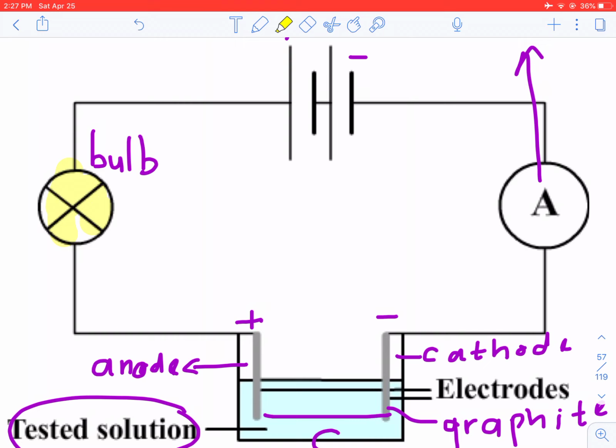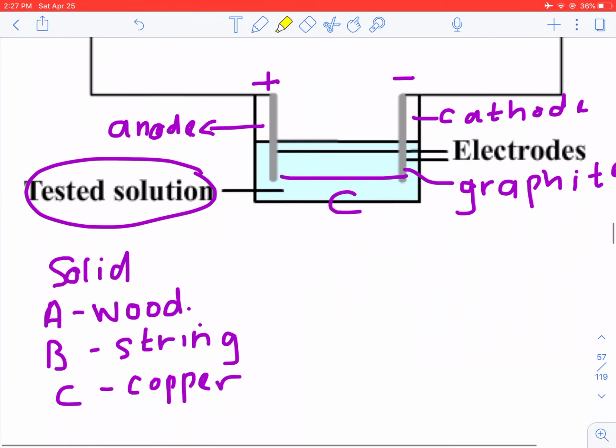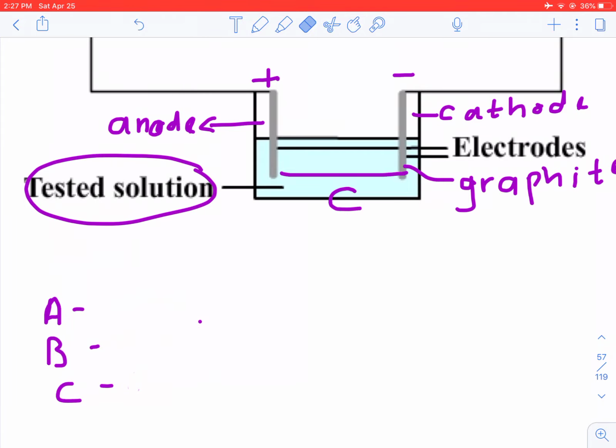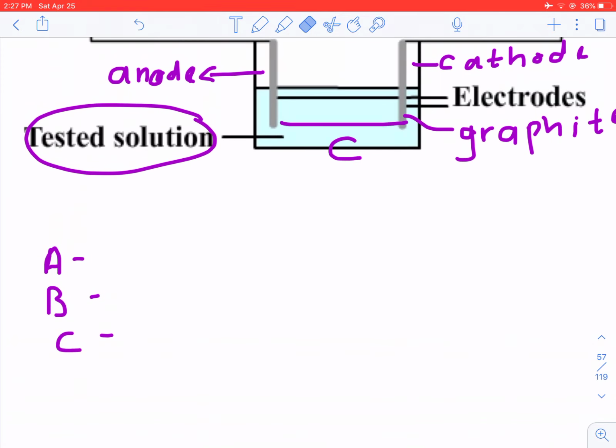So now, instead of looking at solids, let's look at solutions.